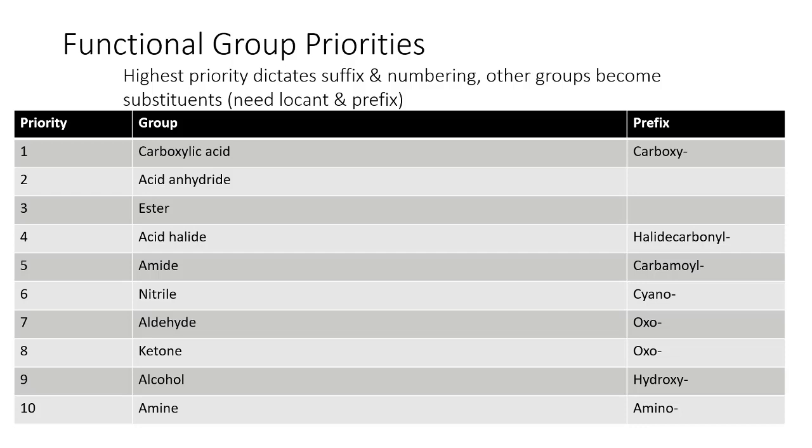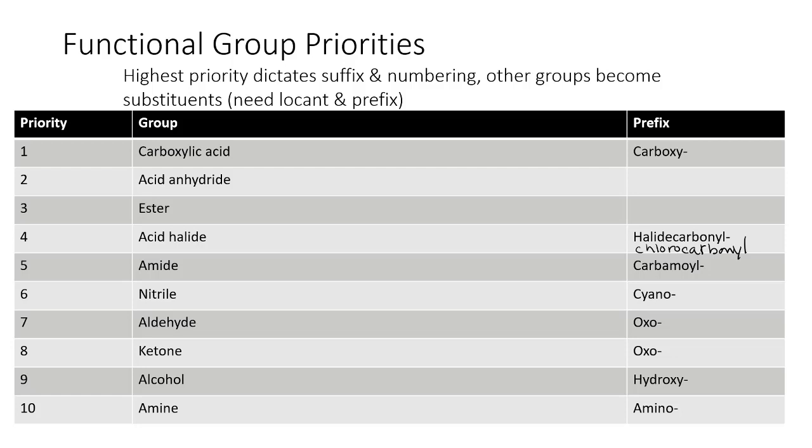Next is going to be our acid halide or acid chloride. So it would be a halide carbonyl. If we are dealing once again with chlorine, it would become a chlorocarbonyl as the prefix, the substituent.